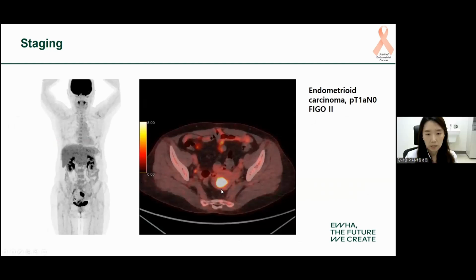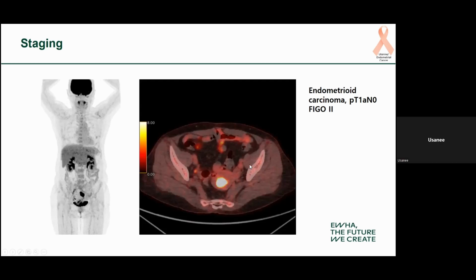Here is a hypermetabolic mass in the uterine cavity, highly suspicious for a malignant lesion. But there was no abnormal hypermetabolic lymph node suggesting metastasis in the pelvic cavity and para-aortic area. And also there are no abnormal hypermetabolic lesions suggesting distant metastasis here.